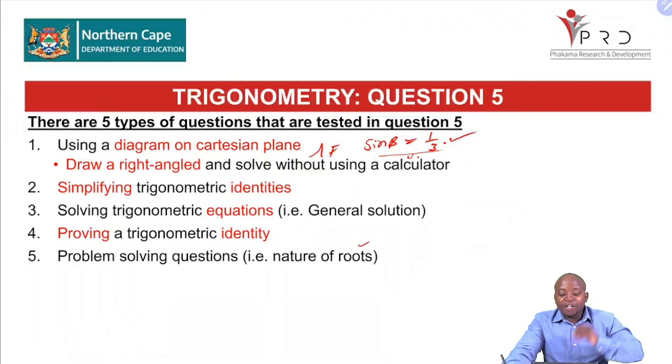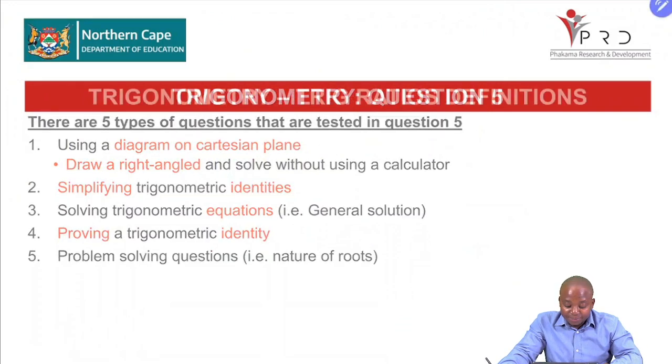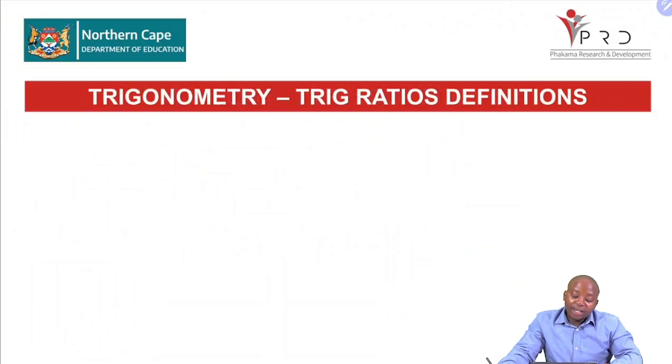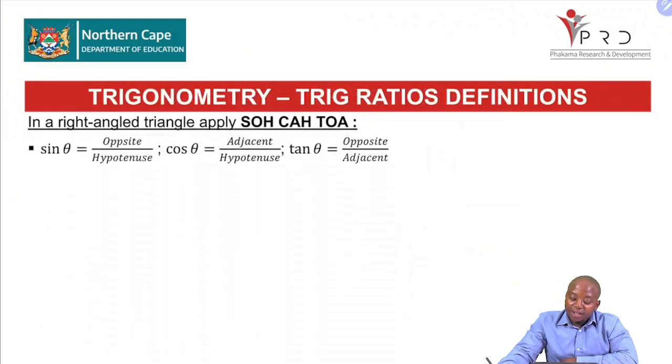So those are the 5 types of questions that are there on question number 5. This is one question, so this could be question 5, 6, or 7. It doesn't matter, but it's on one question. Use of a diagram, simplifying identities, solving the equations, mostly using the general solution, proving the identities, and the problem solving questions. Right. Let us now have a simple revision on trigonometry.